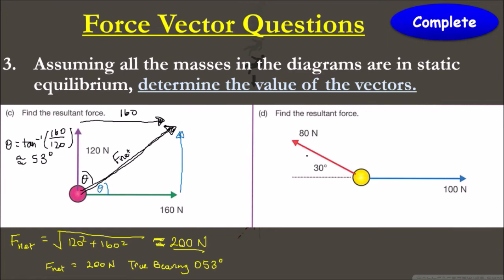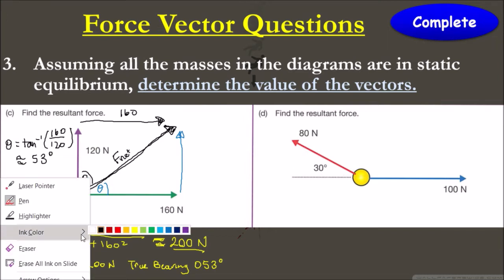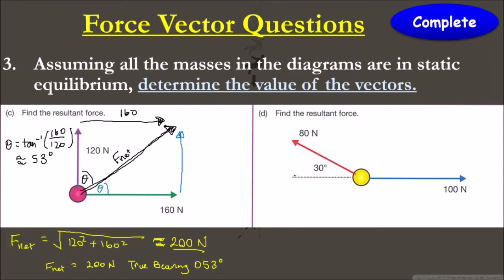So this vector here, this red one, let's actually keep it red for simplicity's sake. It has a vertical component pointing upwards. Okay, so this vertical component would be 80 sin 30, and that would give you a value of 40 newtons this way.